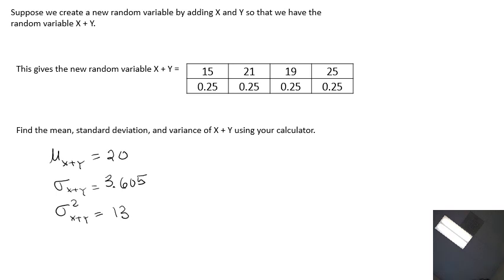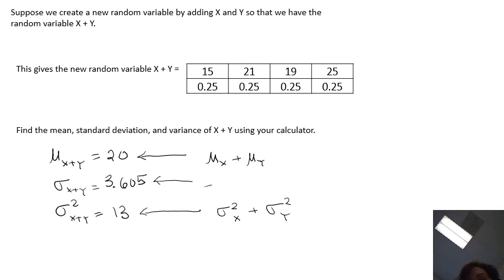It seems pretty straightforward that the mean is just the mean of the random variable x plus the mean of the random variable y. The variance is just the square of the standard deviation of x plus the square of the standard deviation of y. This is not just the sum of the two standard deviations, though. The standard deviation is the square root of the variance.